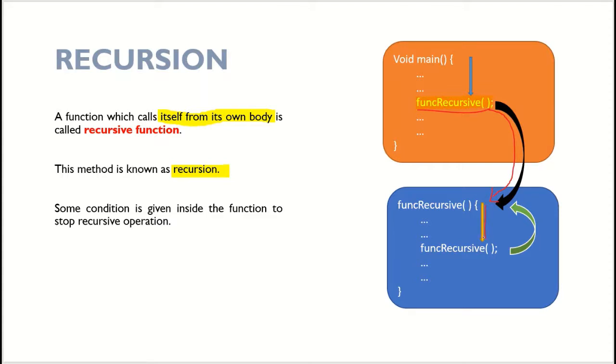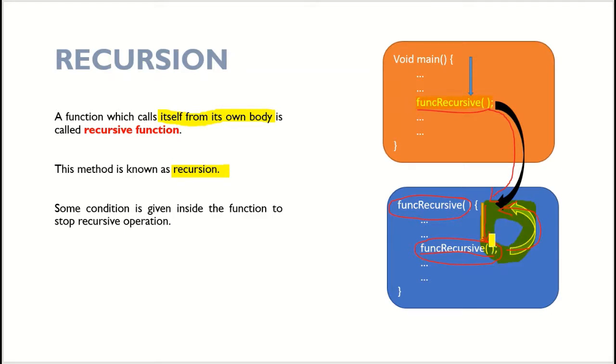So when it encounters the function recursive again, it will go back to the same function. That means in a recursive function, there will be a call to the same function. So in this way, it will keep on executing this operation.